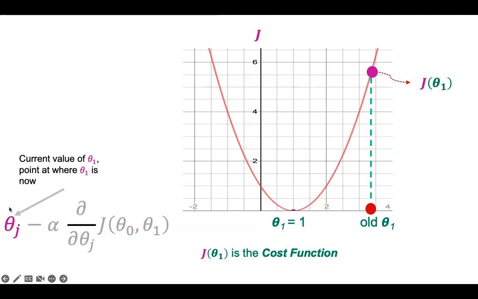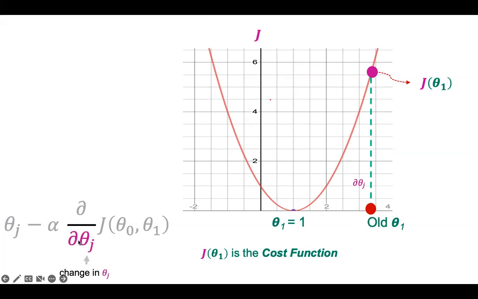At this point, this is the current value of theta 1, the point where theta 1 is right now. Given this theta 1, this is also the cost function with respect to theta 1. Now, this change in theta sub j means that we are going to change the theta.